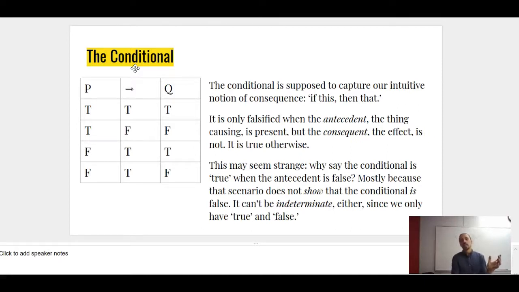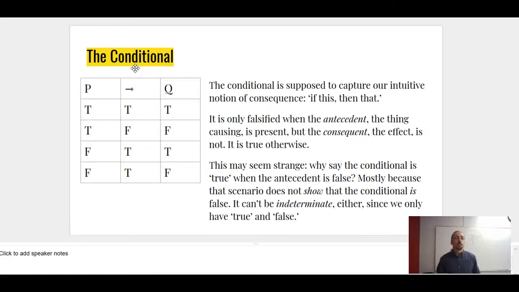So you can accept my reasoning here, or just kind of accept the truth table as the way it is. We only have two values. It's either going to be true or false. If the antecedent is false, we haven't actually shown the conditional to be false, so we might as well just have it as true, because we don't have the value indeterminate.